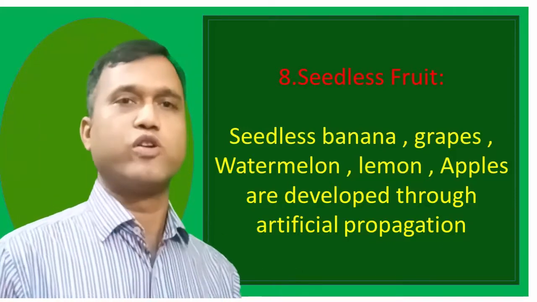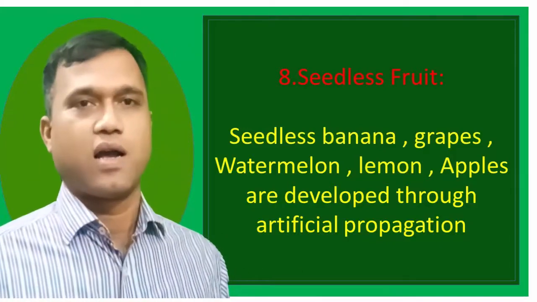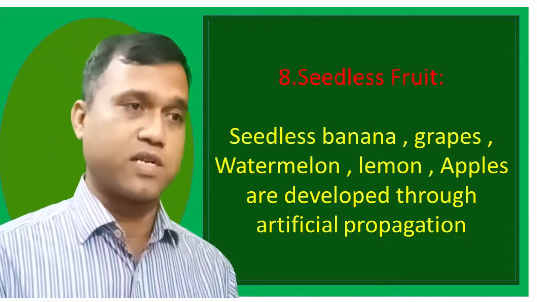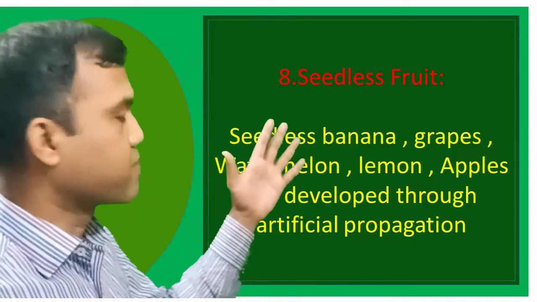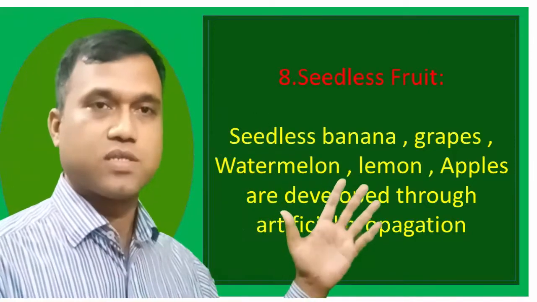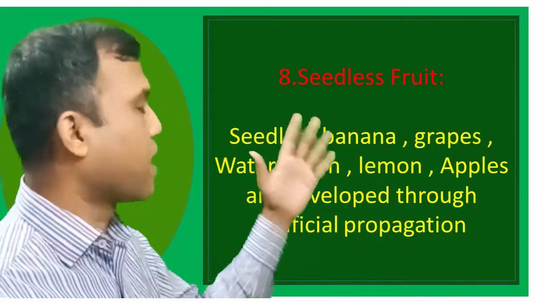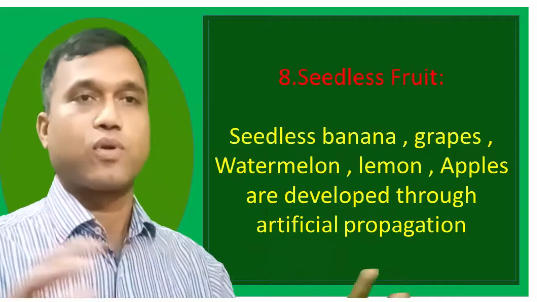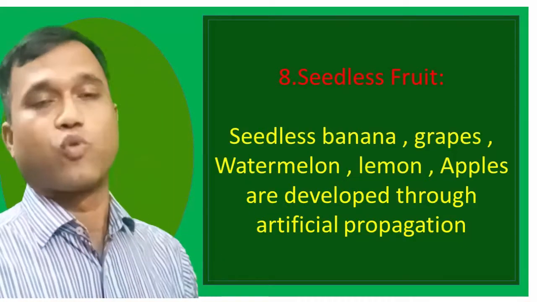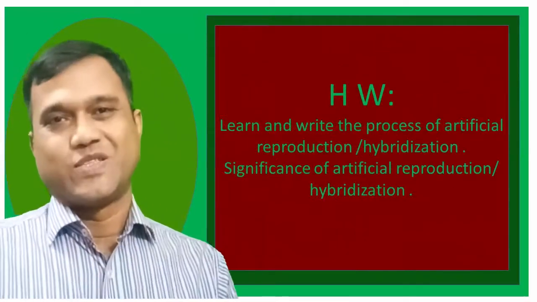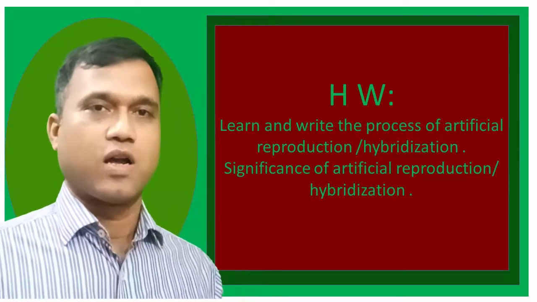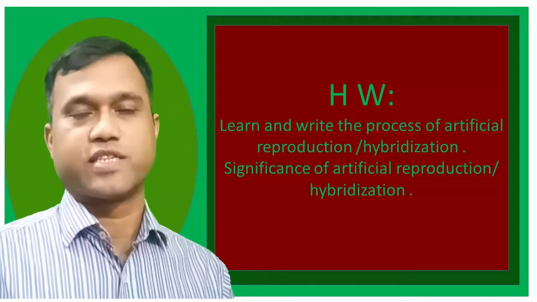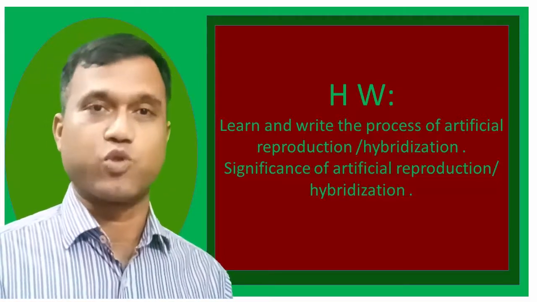Seedless fruit is produced by the process of artificial hybridization, such as seedless banana, seedless grapes, seedless watermelon, seedless lemon and seedless apple. This is all about the significance of the artificial hybridization process or artificial reproduction.